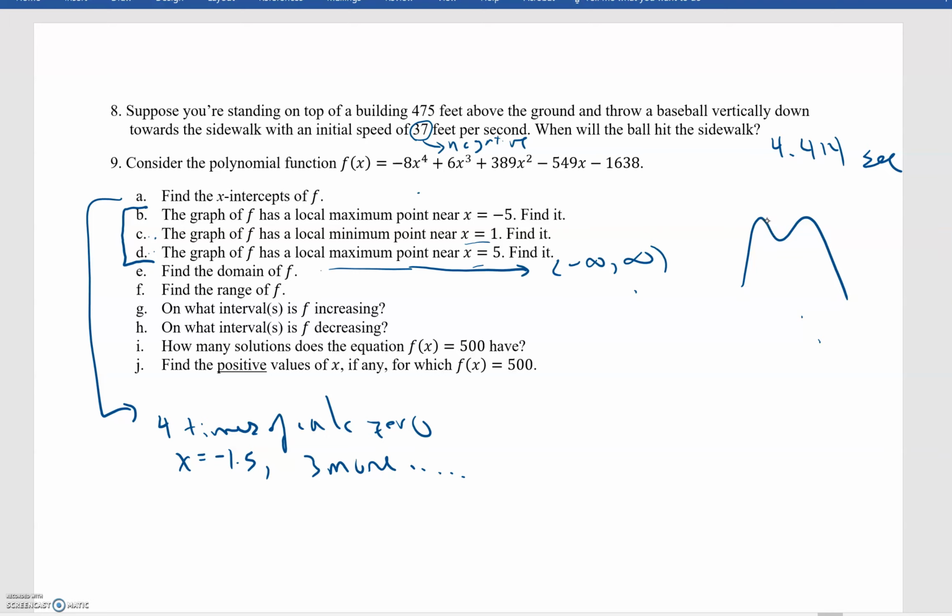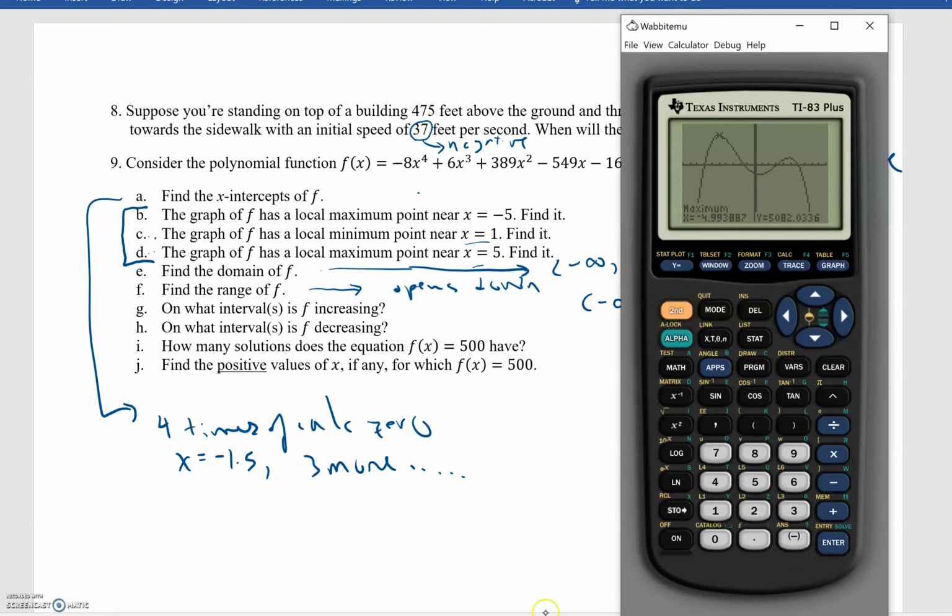For the range, since it's opening downwards, and I know that because, well, I'm looking at it, but it also has that negative leading coefficient. So the range is going to be from negative infinity up to, actually, it's whatever the absolute max y value is, which I believe we found already. It's that. So up to 5,082.